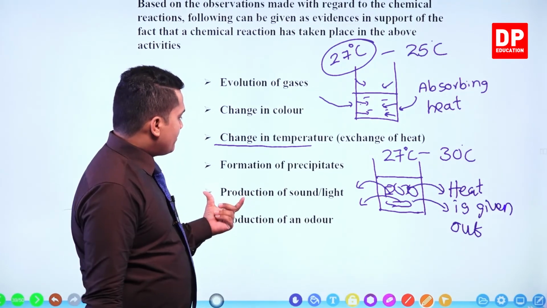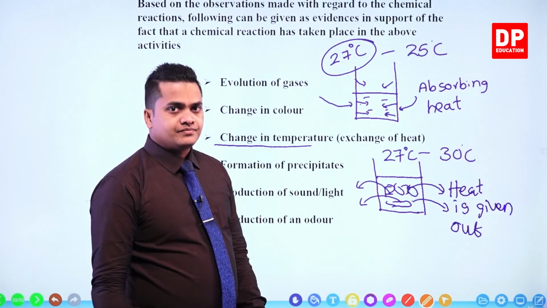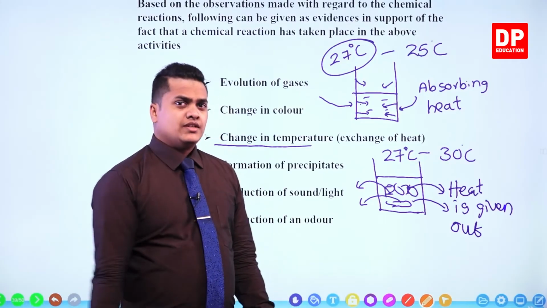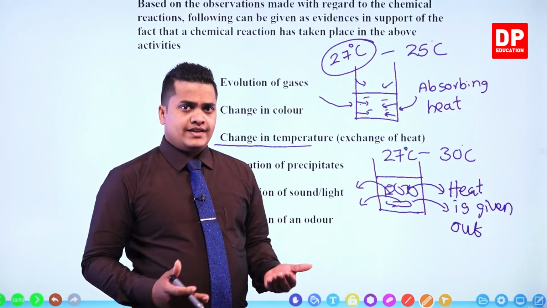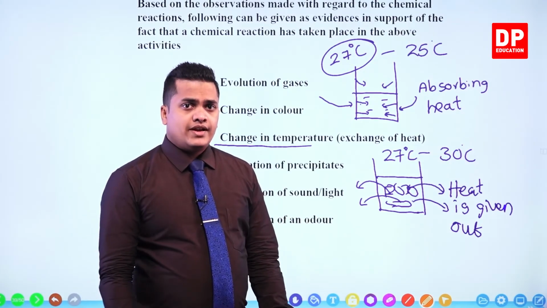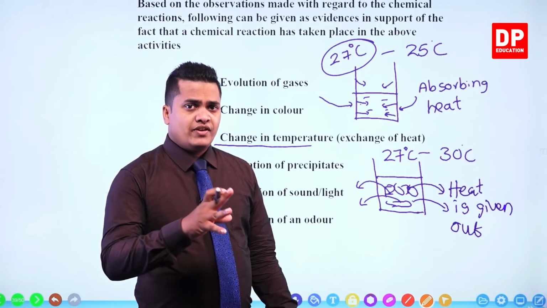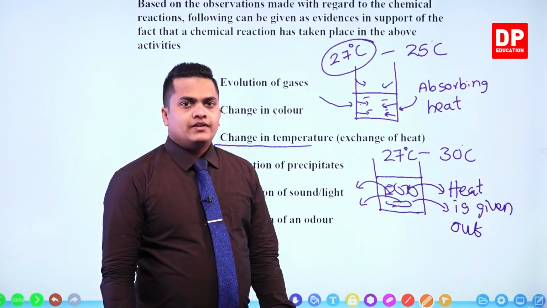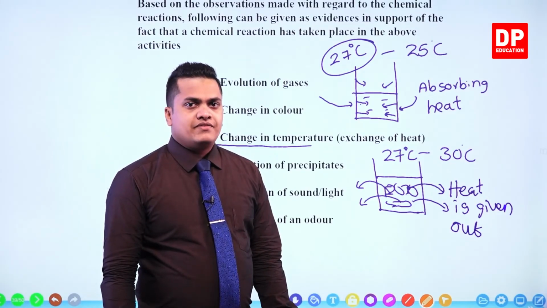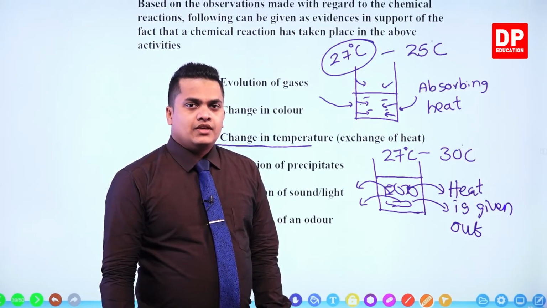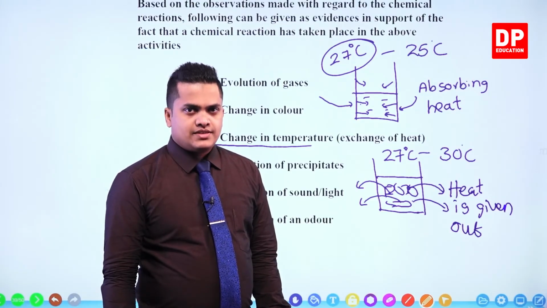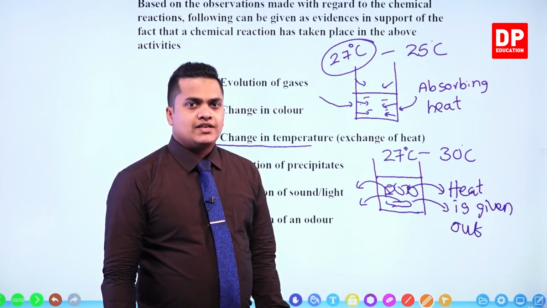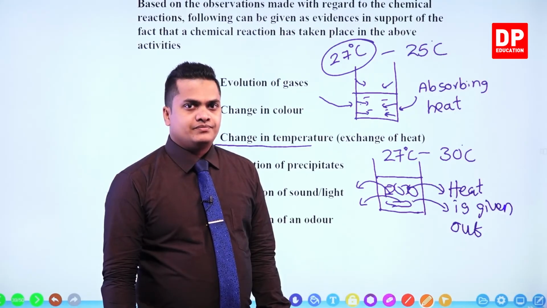Then the next one, production of sound or light, production of energy: sound energy, light energy, heat energy, right? In that way, if a type of energy is given out from the system, in that case also we can say that a chemical change has occurred within the system, right?